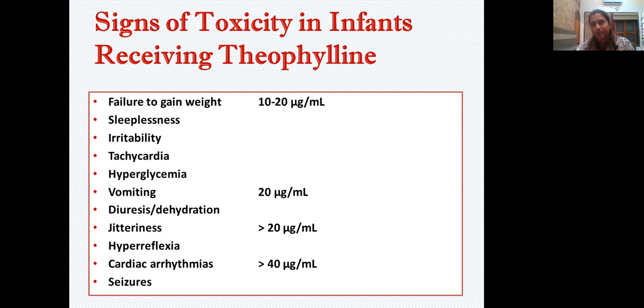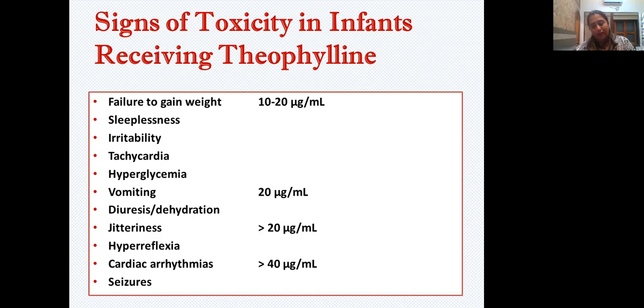It's a once-daily dose, and if the baby is still having apnea even after starting caffeine, then a second loading dose is given, which is 10 mg per kg. The first loading dose was 20 mg, followed by maintenance of 5 mg per kg.